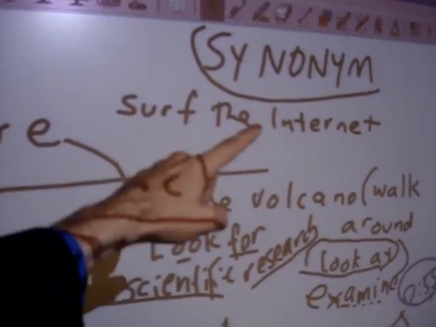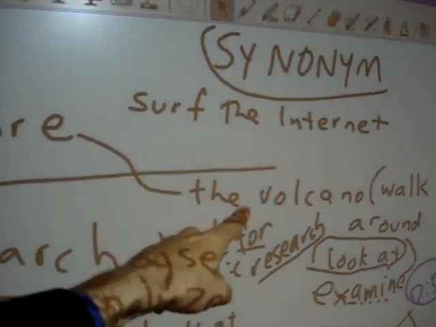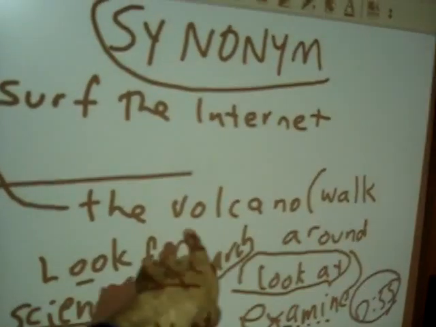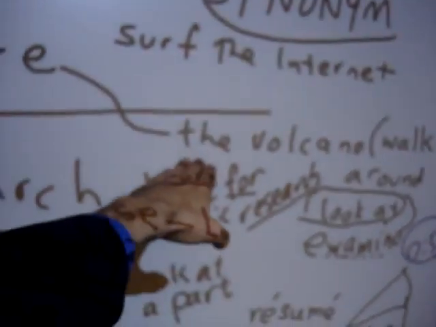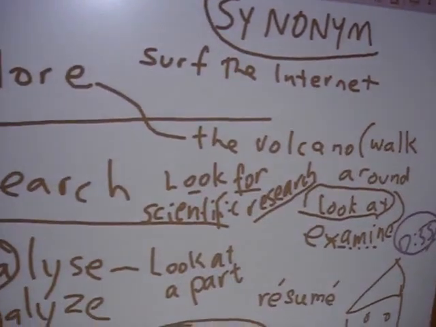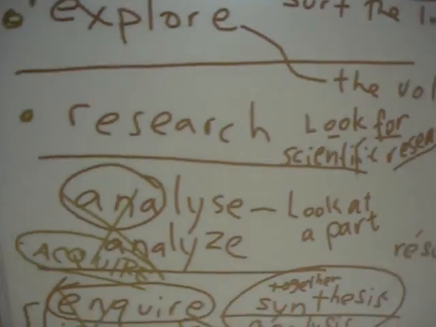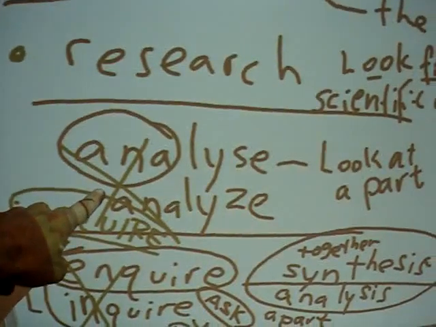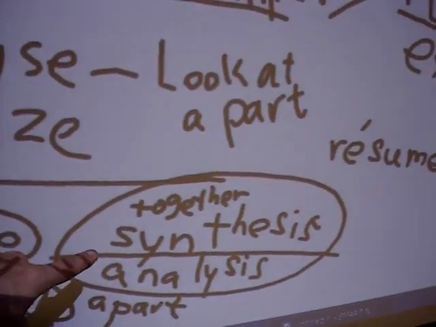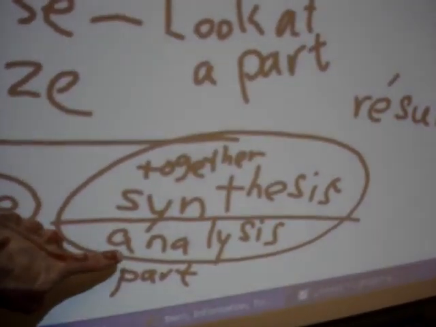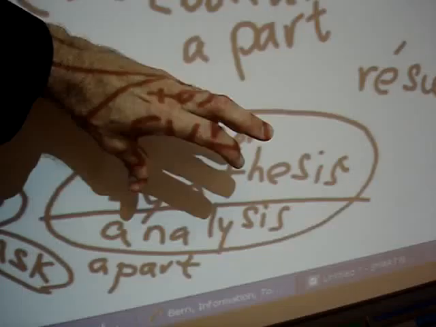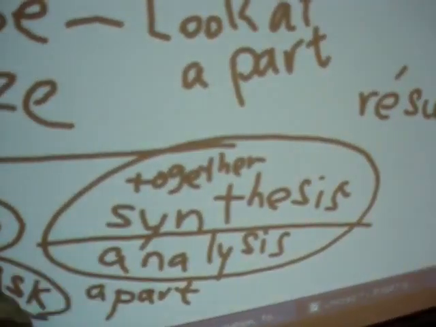You can explore the internet and a volcano. So if you're going to walk around, that's the kind of exploring that you do with a volcano. There's analyzing. What's the difference between synthesis and analysis? Synthesis brings things together. Analyze, you take it into pieces.